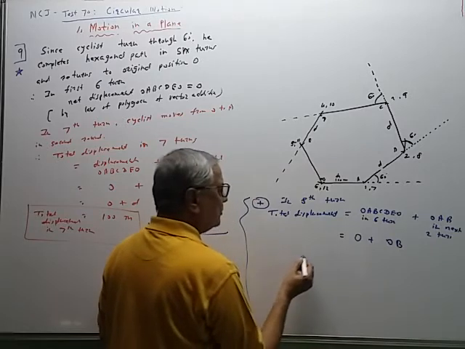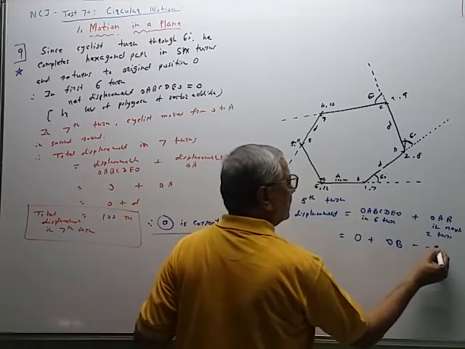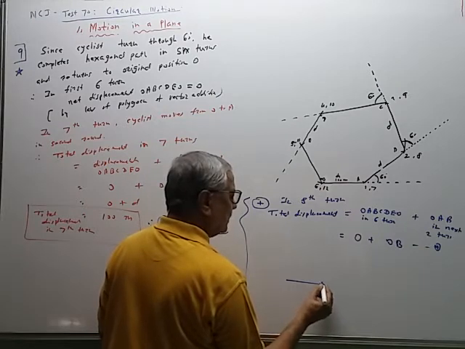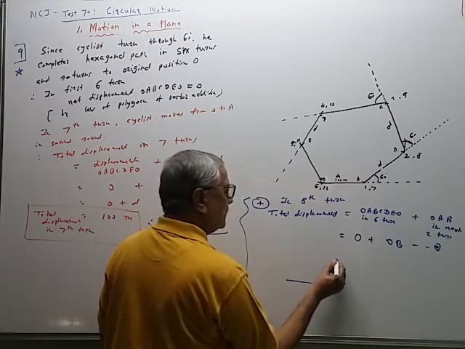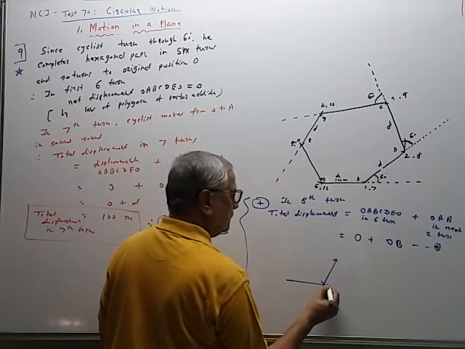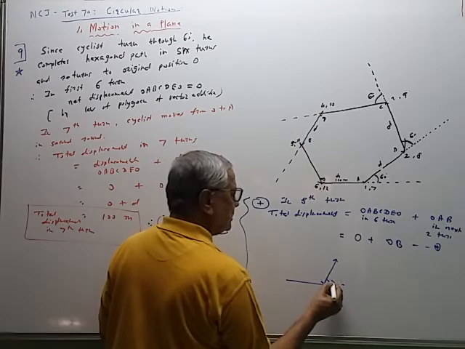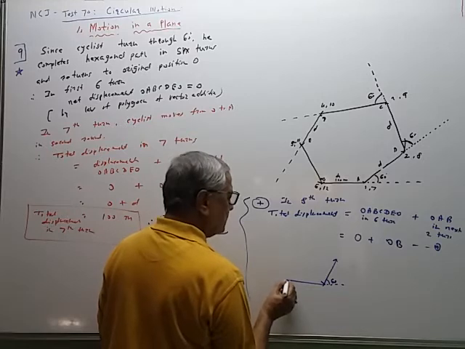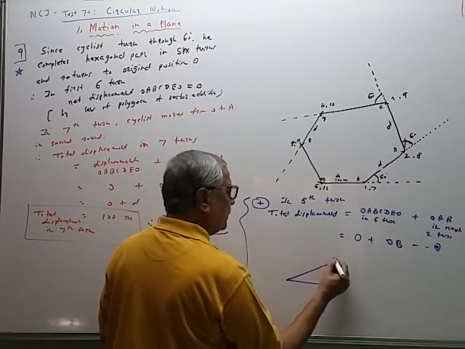And this OB can be found. So this is equation E. This is the first vector. This is the second vector. This angle is 60 degrees. So you can draw the equal vector. This is OB.